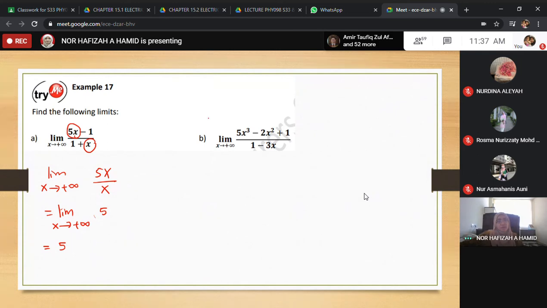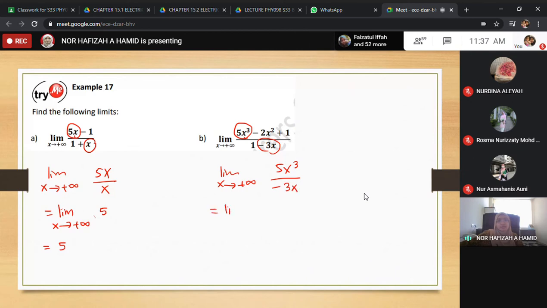Okay, so kalau B, limit x approach to positive infinity, so highest degree term for numerator is 5x to the power of 3, and highest degree for denominator is negative 3x.